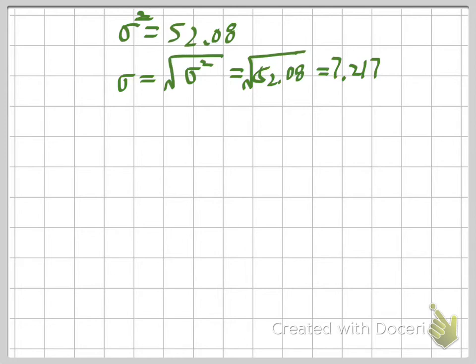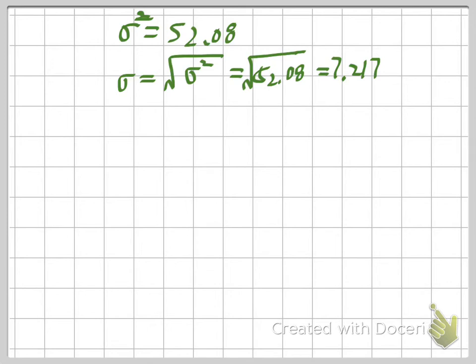Before the end of this video, I want to give you one more thing about the mean and variance. We already know that for a discrete random variable, the mean and variance have a linear relationship property.